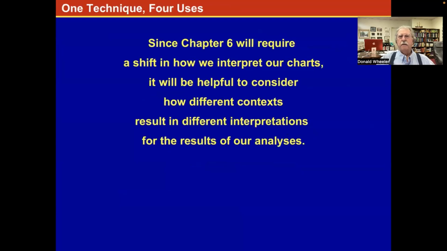Now, since Chapter 6 will require a shift in how we interpret our charts, it will be helpful to consider how different contexts result in different interpretations for the results of our analysis.